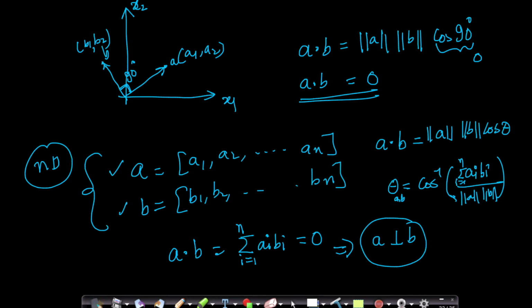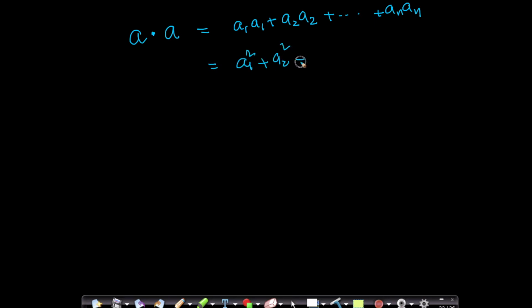Now the next question is, what about A dot A? What if I do a dot product of A with A? What does A dot A actually mean? It basically means A1 into A1 plus A2 into A2, so on and so forth, An into An, and this is nothing but A1 square plus A2 square, so on and so forth, An square.